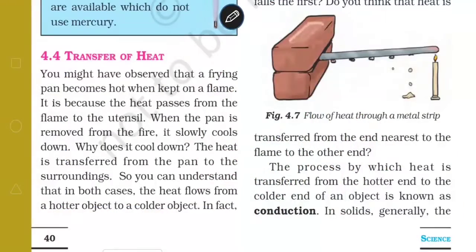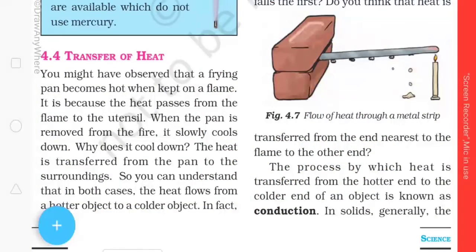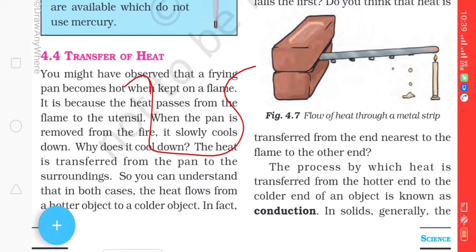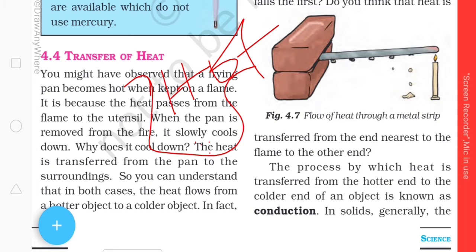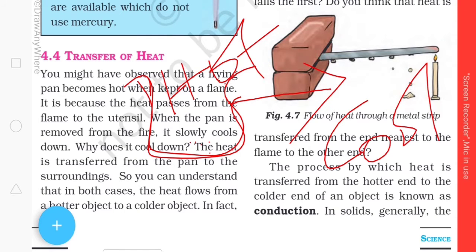Again, now suppose we are removing the pan from the fire. Now there is no more fire, but this pan is already heated, so it is hot, and this pan will get cool. Why? Because the heat from this hot pan will go to the surroundings, and the surroundings are cool.